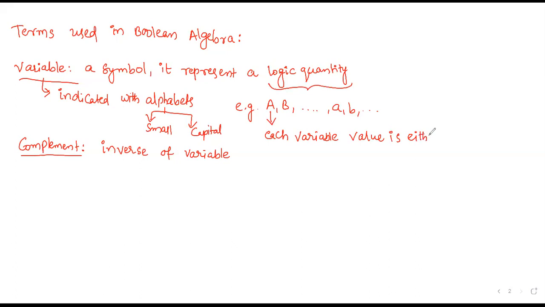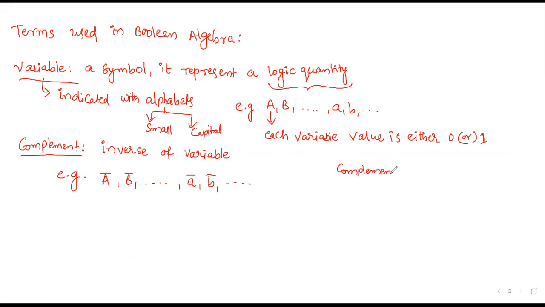Each variable value is either 0 or 1. Next, the inverse of the variable is known as complement. Examples: A bar, B bar, and so on, small a bar, small b bar, and so on.